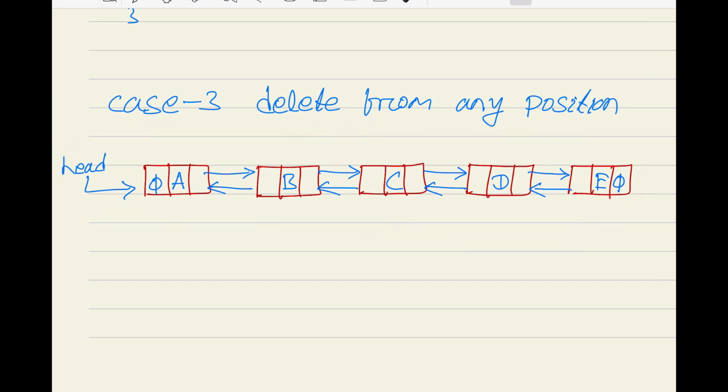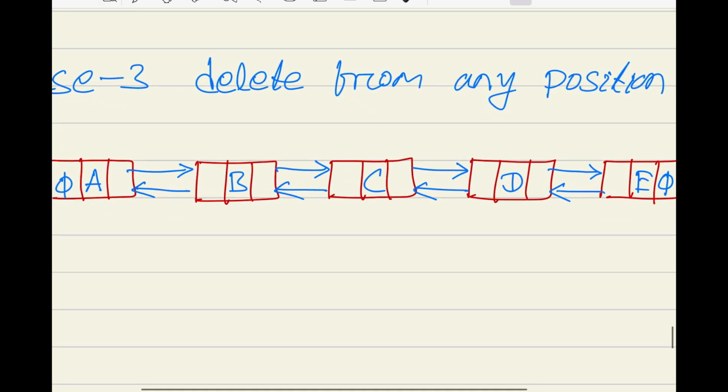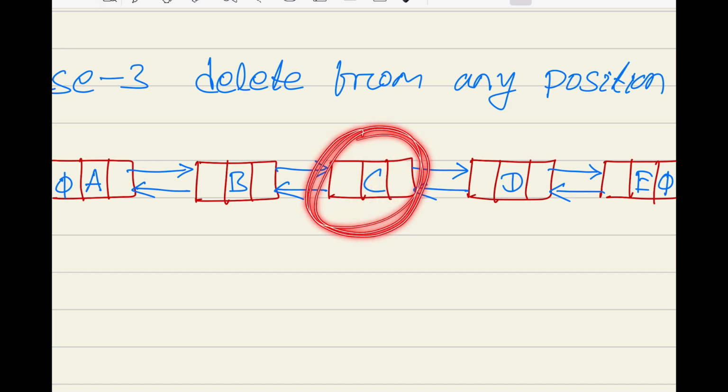Now we want to delete this node C from the list, that is, delete a node that contains the value C in the list.